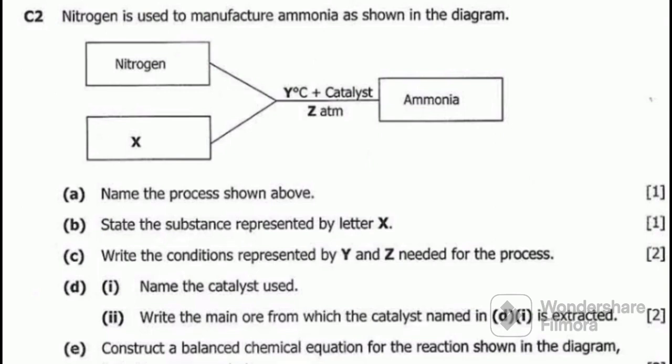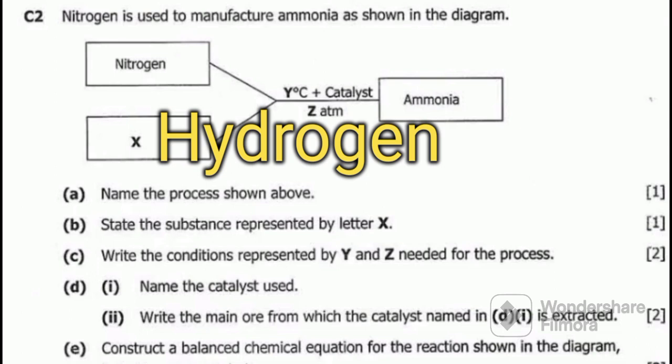One of those gases is the nitrogen we can see. So substance X is hydrogen.